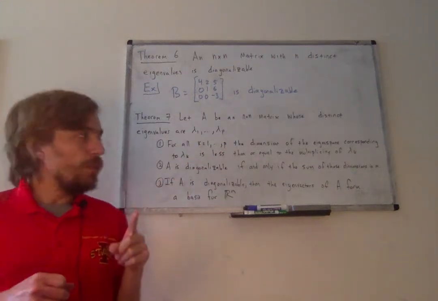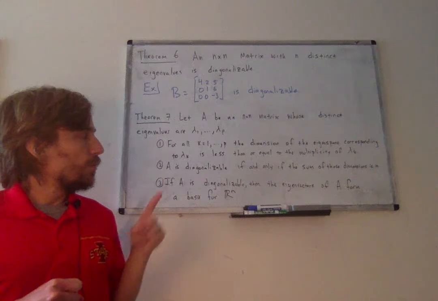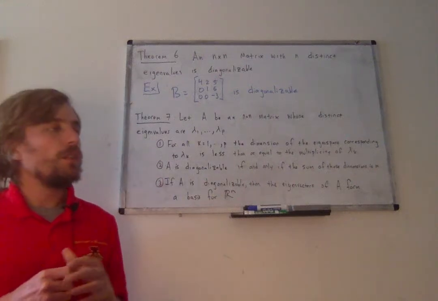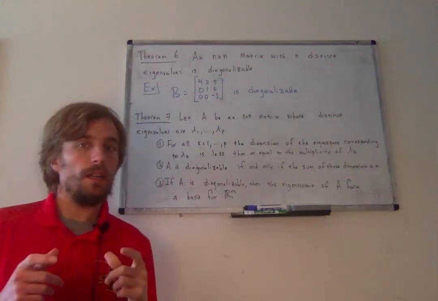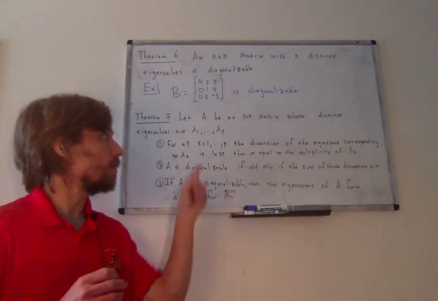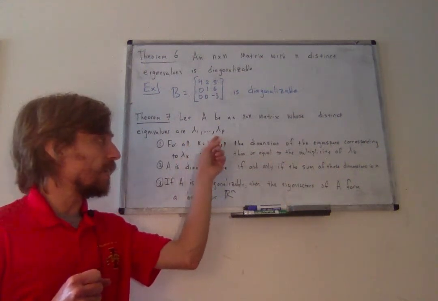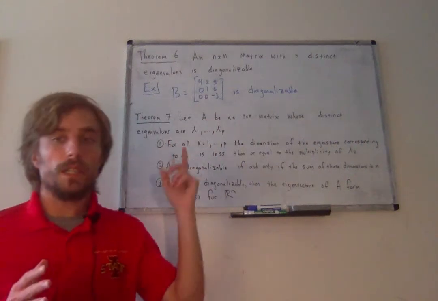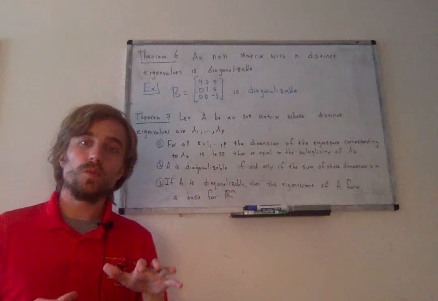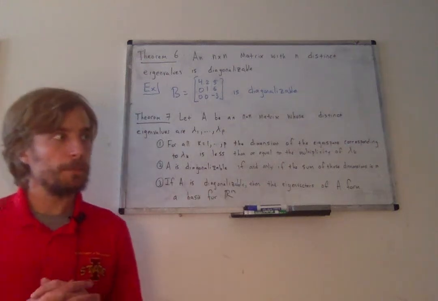So a little bit of notes about this before I go into these conditions. Theorem 7 could still apply if p was actually equal to n. So, if I had n distinct eigenvalues, all of Theorem 7 would still apply fine. Theorem 6 is basically just a more concise way of writing Theorem 7.